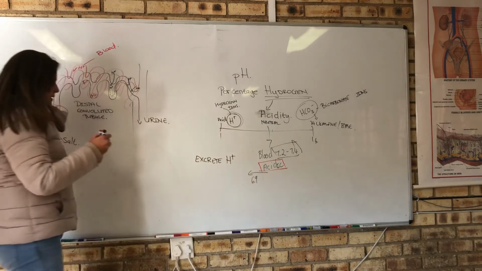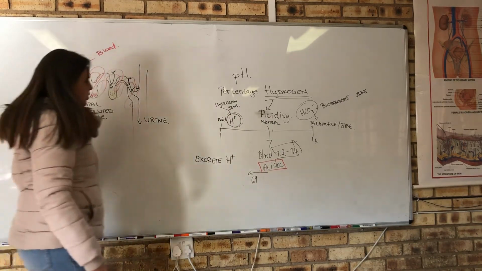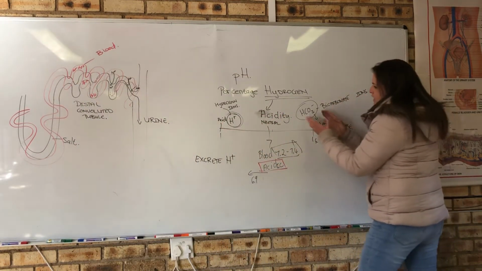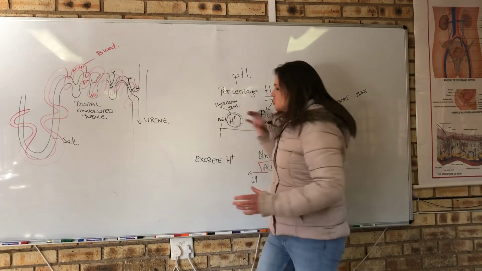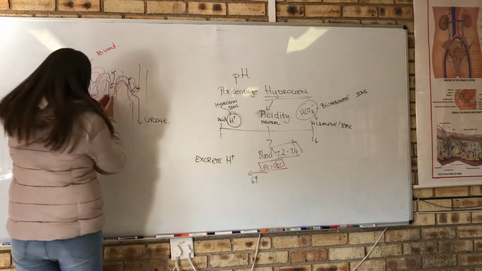So if the blood is too acidic, we are going to excrete hydrogen ions. That's not the only thing we can do. Remember when I said if we want to push something a little bit more alkaline, we need more bicarbonate ions. So we excreted hydrogen ions from the blood into the tubule.